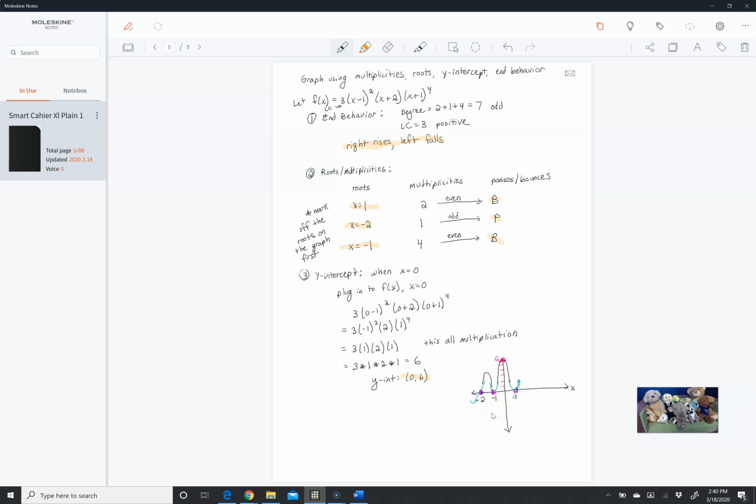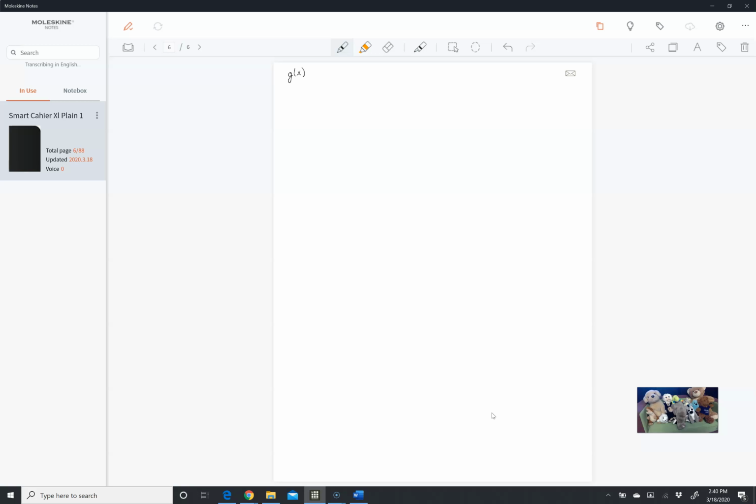Okay, let's do another example. Let's take g of x is equal to negative (x plus 2) squared, (x minus 1) to the 5th, and (x plus 3).